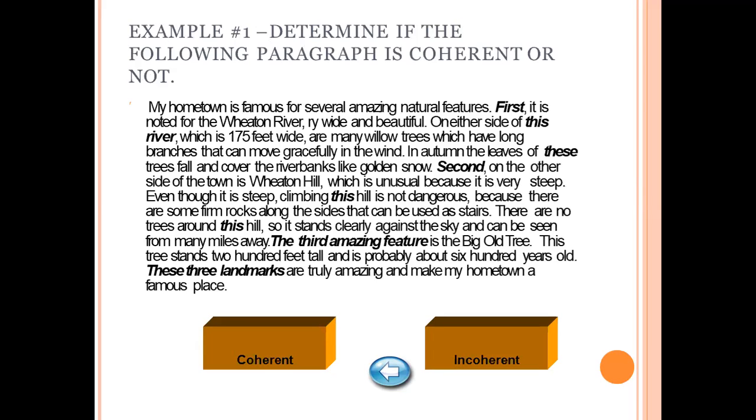The third amazing feature is a big oak tree. This tree stands 200 feet tall and is probably about 600 years old. These three landmarks are truly amazing and make my hometown a famous place. So, what's your opinion? Is it coherent or incoherent?